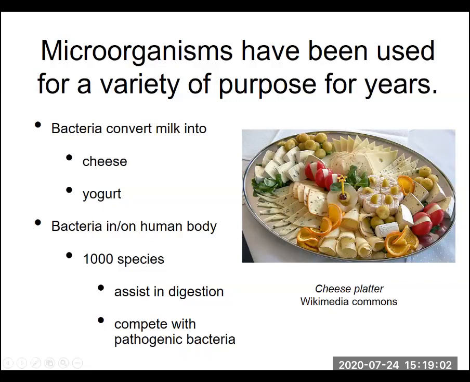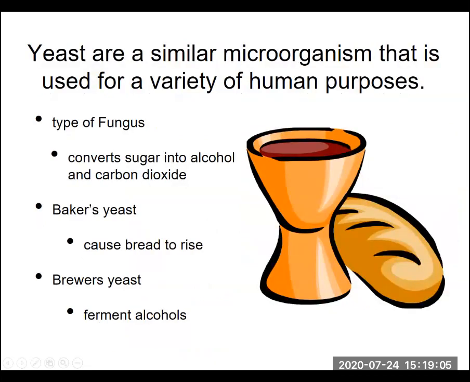So we've used bacteria for thousands of years. We've also used yeast. Yeasts are a different type of microorganism with the same basic idea. Yeast are a type of fungus, and with fungus we generally think bad: athlete's foot, mold, all kinds of bad things. But basically a yeast is something that's going to convert sugars into alcohol and carbon dioxide. The two yeasts most prevalent for human uses are baker's yeast and brewer's yeast, the same basic idea.